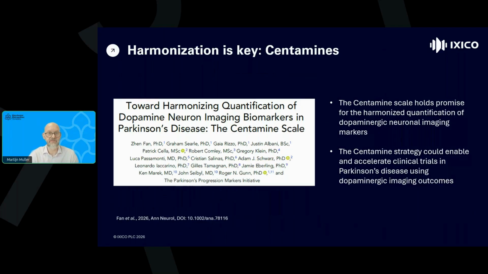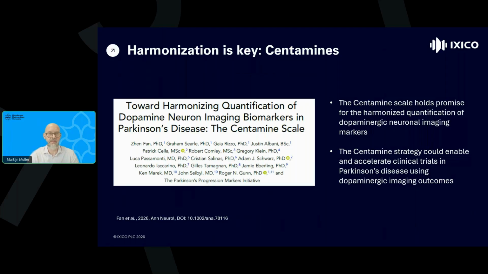But challenges arise when you start looking at these different PET tracers, and one of these challenges in dopaminergic imaging has been the difficulty of comparing results across tracers and across studies.